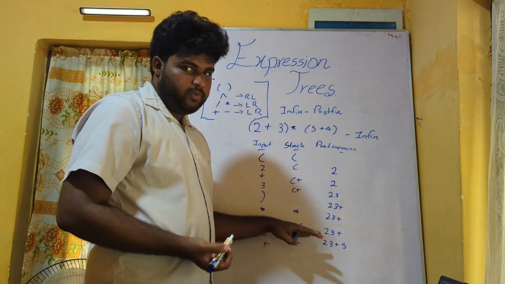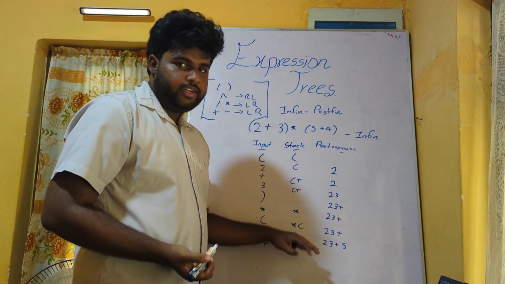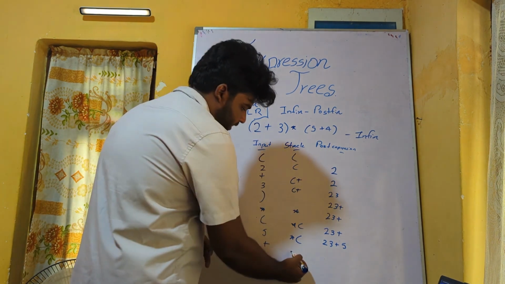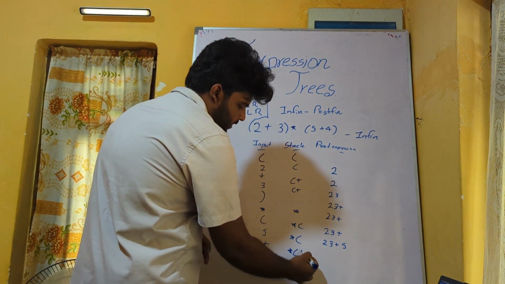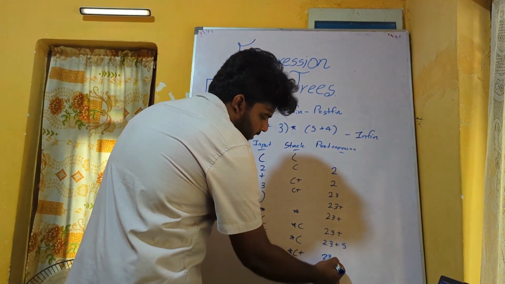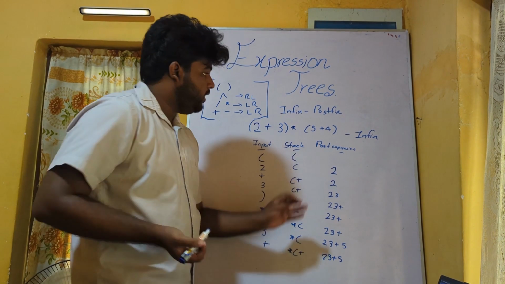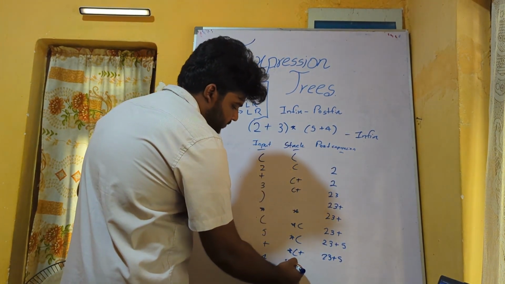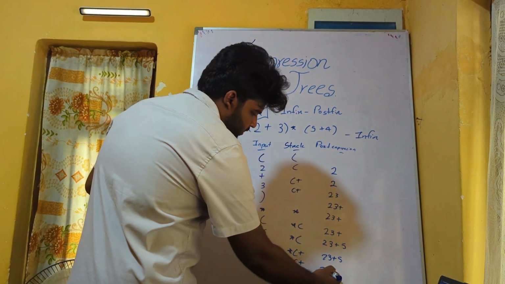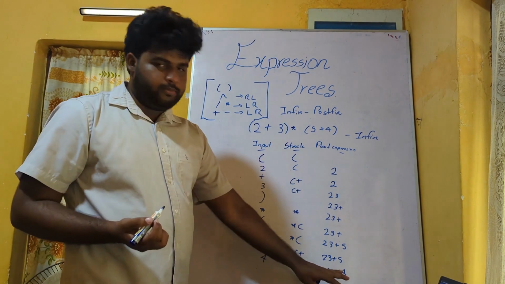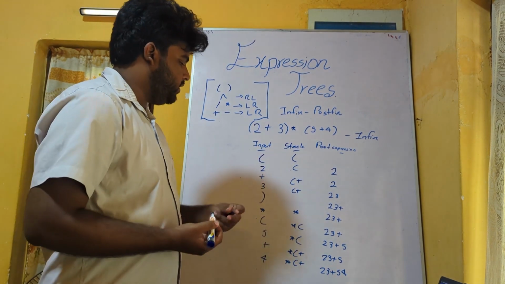Here on top of my stack is a bracket, so we can simply push that operator into the stack. And the expression will be the same. Next I have an operand. Again, simply put the operand in the expression.